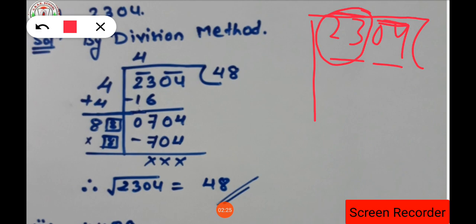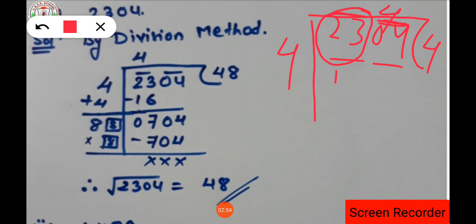We have to think of a number such that multiplying it by itself, its square comes. Suppose 2 into 2 is 4, like that. Then 5 into 5, 25. 25 is greater than 23, that means we cannot take 5. 4 into 4 is 16. 16 is smaller than 23, but it can be taken. Okay, so 4 we will write here at the top and also in the divisor.